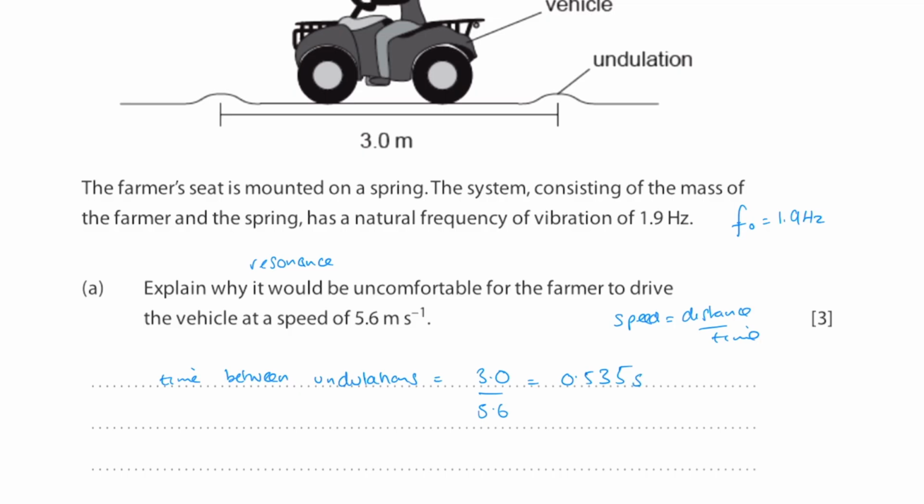So every 0.535 seconds, the driver will feel a bump. We can find the frequency of that by doing 1 over 0.535, which gives us 1.86 Hertz, which is 1.9 Hertz.